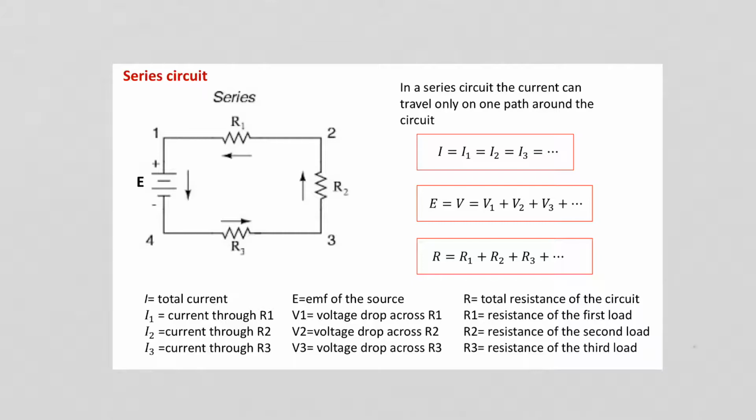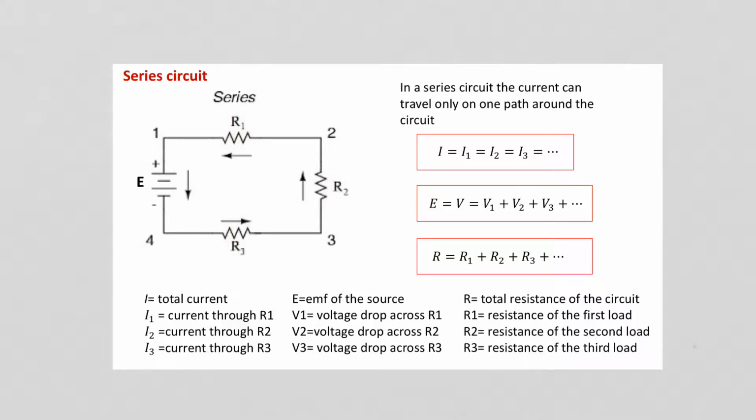Finally, this circuit, which has three resistors in it, also can be represented by its equivalent resistance or total resistance, which is calculated from the resistances of the individual resistors.